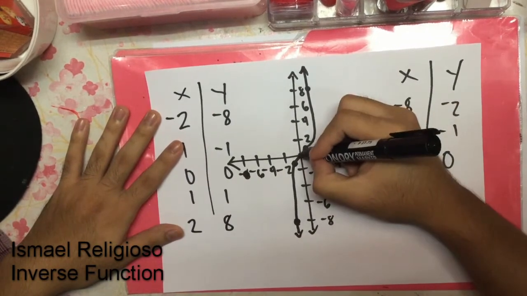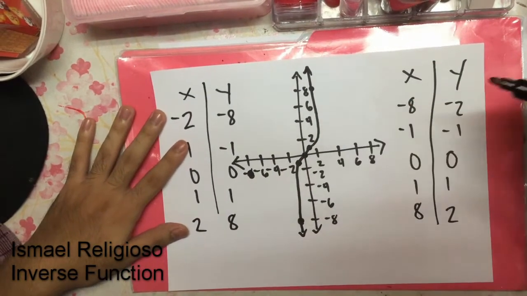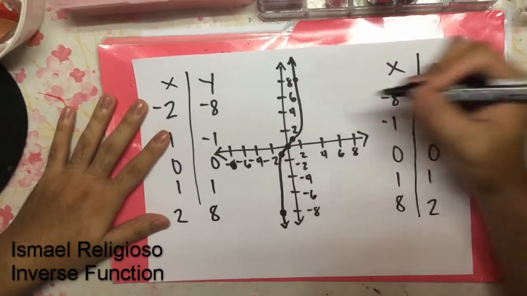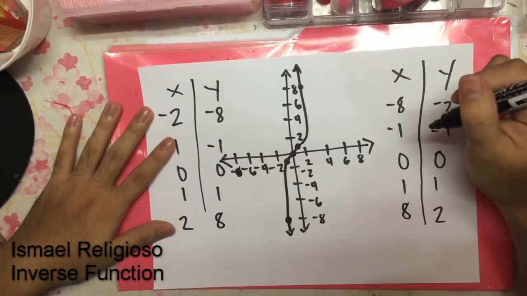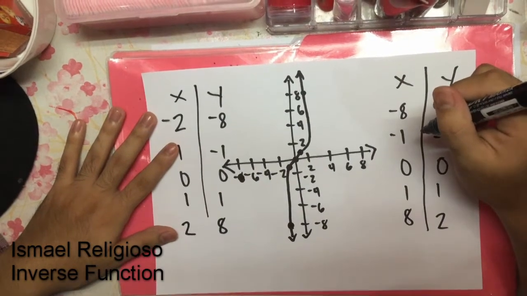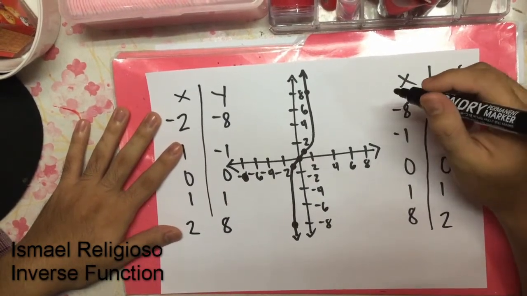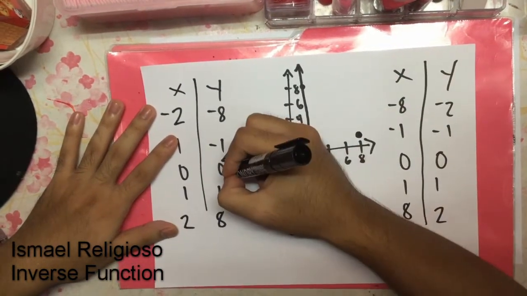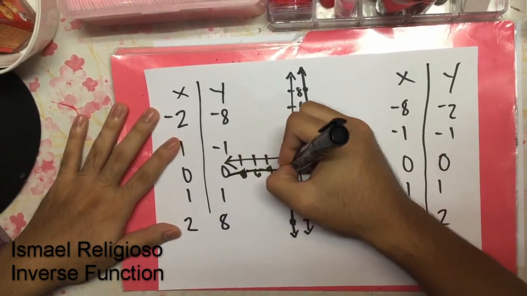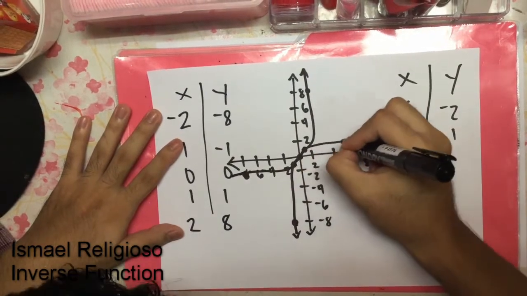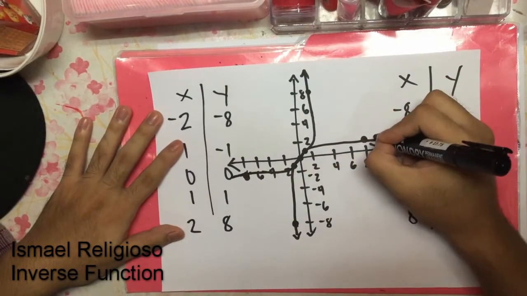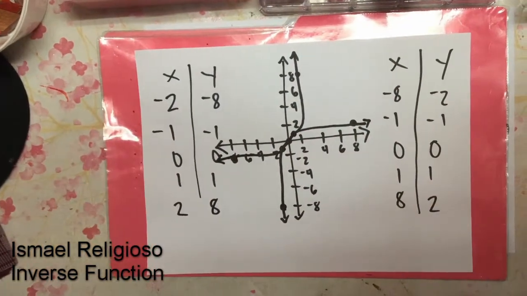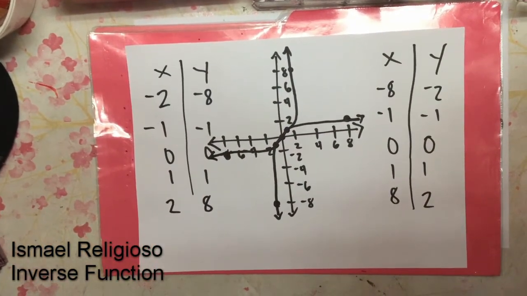We have 0 and 0 for both. And we have 1 and 1 for both. And we have, for the x, +8, and for the y, +2. So here. So let's trace the dots in order for us to get the figure. So that's how you get an inverse function.